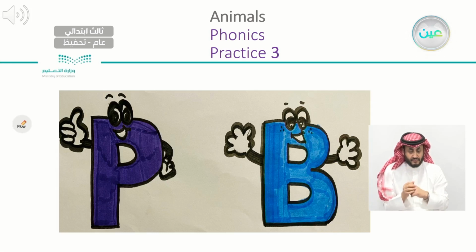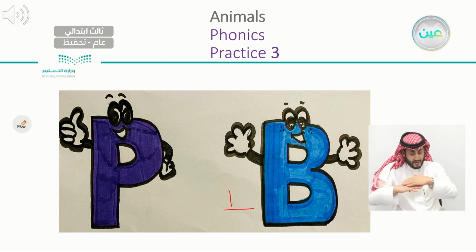Hello, dear learners. What letters do you see? We can see a purple P and a blue B. Are they uppercase or lowercase? They are uppercase. Well done. Now when we write the letter B lowercase, it stands on the line, nice and tall.